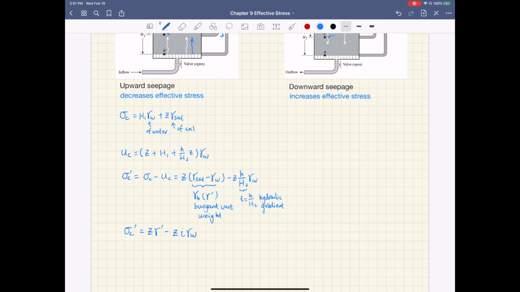The first part is the effective stress for the static case. If you don't have any seepage, the effective stress at C is simply z times gamma prime. And this portion here is due to upward seepage. You can tell from this expression that sigma C prime with seepage is smaller than sigma C prime for the static case.